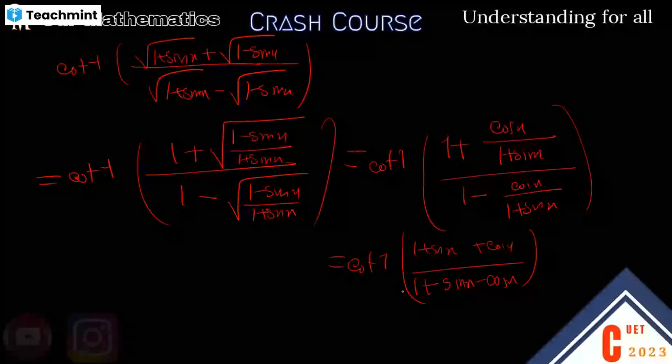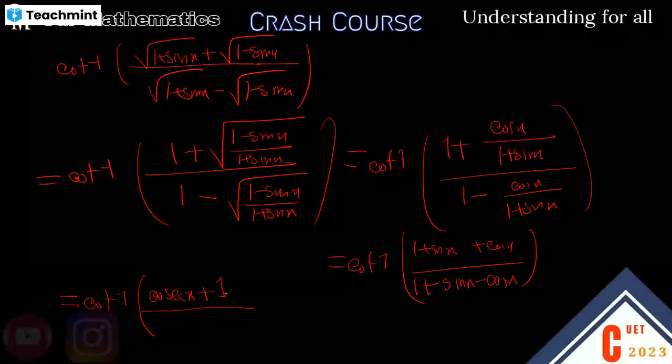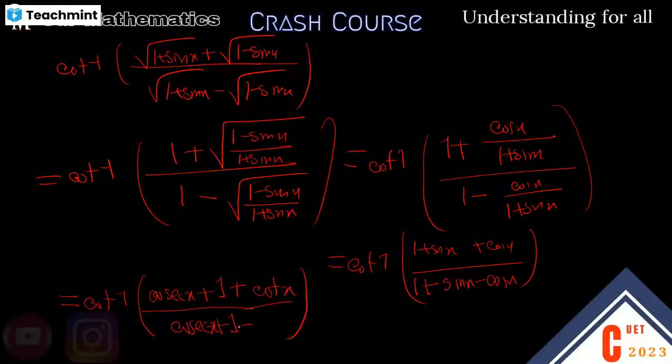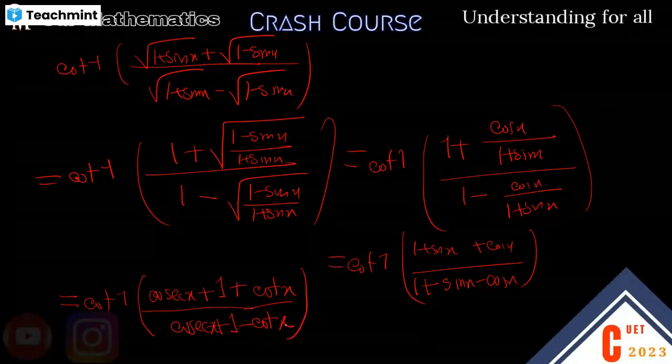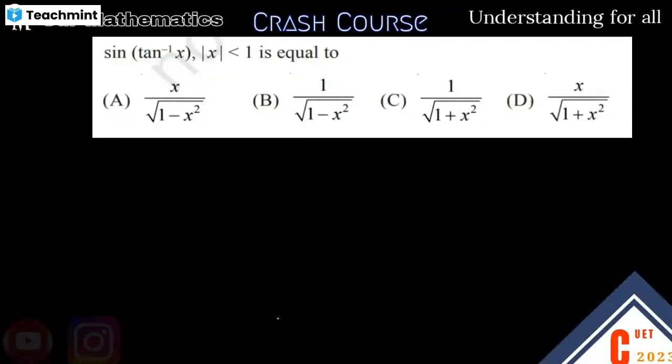If we divide by sin x, it will become cosec x plus 1 plus cot x divided by cosec x plus 1 minus cot x, right?